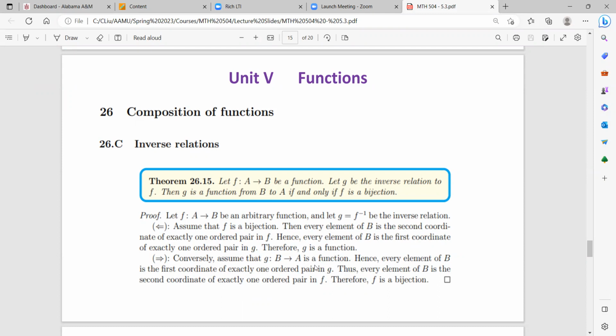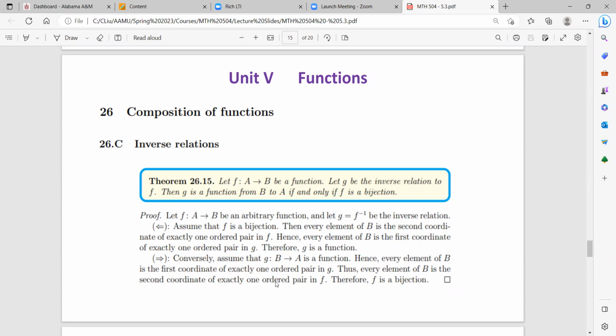And we know that multiple elements of B mapping to a single element in A will not happen, because that would make f from A to B not a function. So we can conclude that every element of B is the second coordinate of exactly one ordered pair in f.